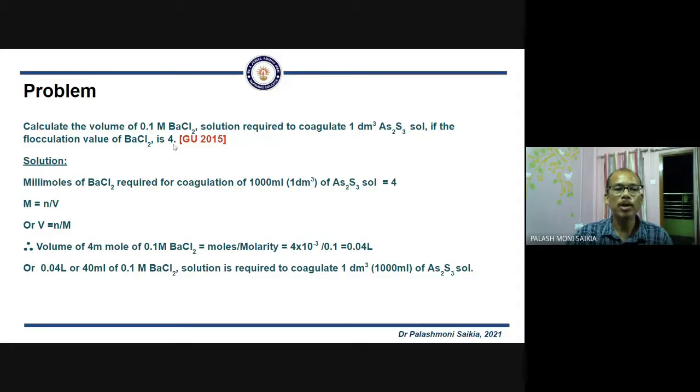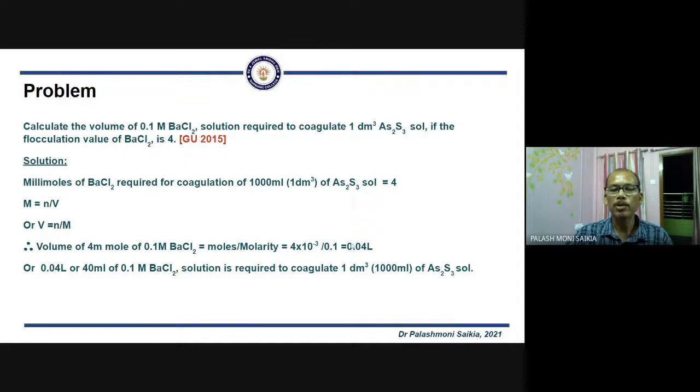Now we can simply use the concept of mole. Molarity is number of moles by volume, so volume is number of moles by molarity. So 4 millimoles is 4 into 10 to the power minus 3 moles. Molarity is 0.1.